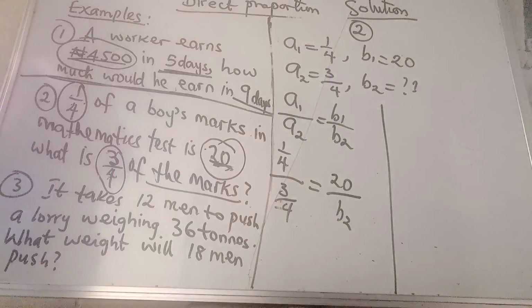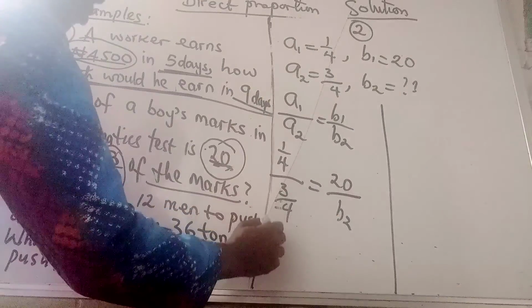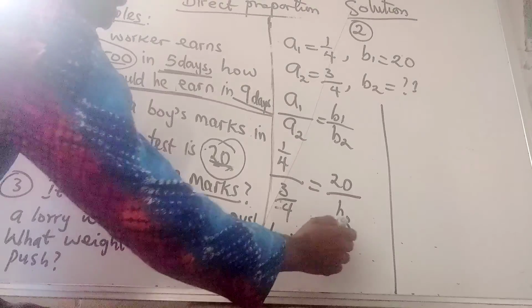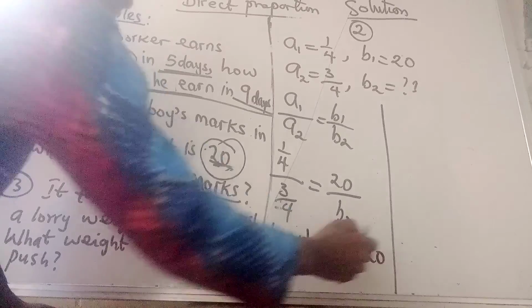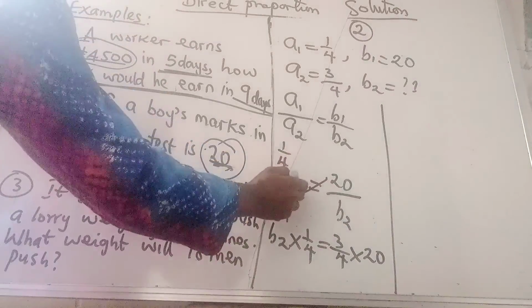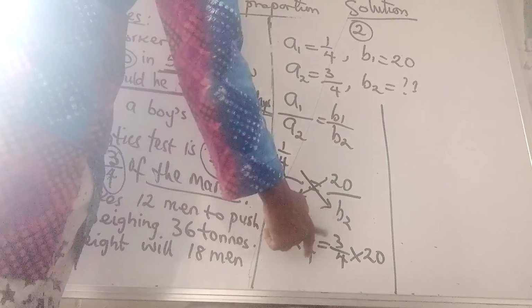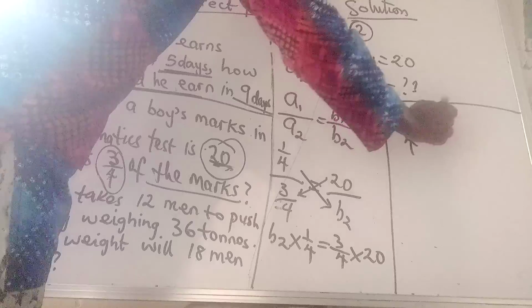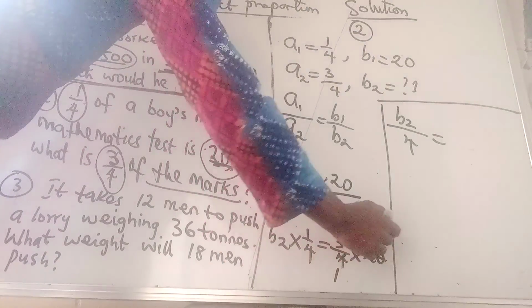When we cross multiply, that means B2 times 1/4 will be equal to 3/4 times 20. That's by cross multiplication. So B2 times 1/4 will give us B2/4. And 3/4 times 20, 4 into 4 is 1, 4 into 20 is 5. 3 times 5, that will be 15.